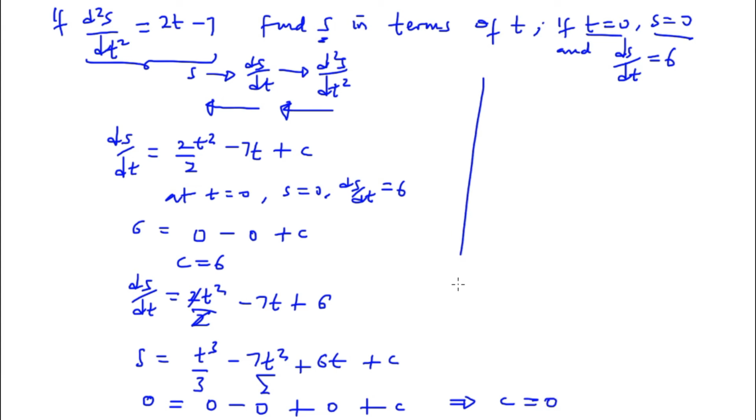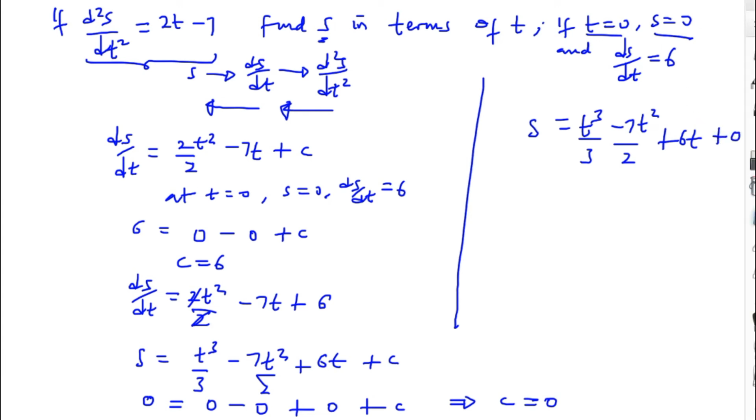Originally we will now have s equal to t³/3 minus 7t²/2 plus 6t plus c, where c is 0, so we may not need to write the plus 0. Finally, this is the original function, and that's the right answer for that question.